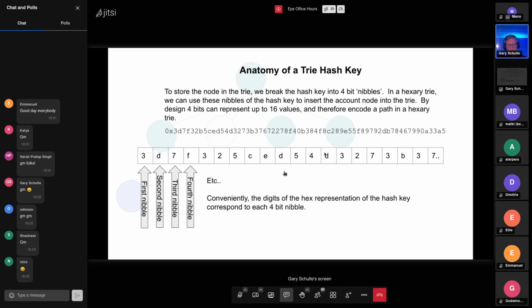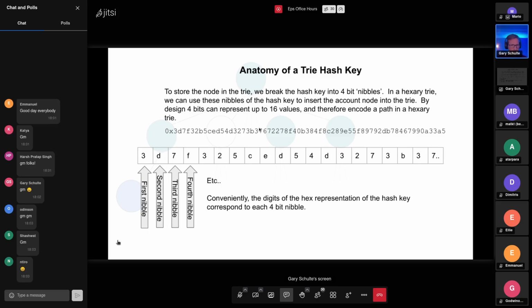To find the path through the tree where we actually insert these values, we break that hash key up into 4-bit nibbles. The Ethereum tree is hexary, so there's 16 values. Each branch can represent 16 children.